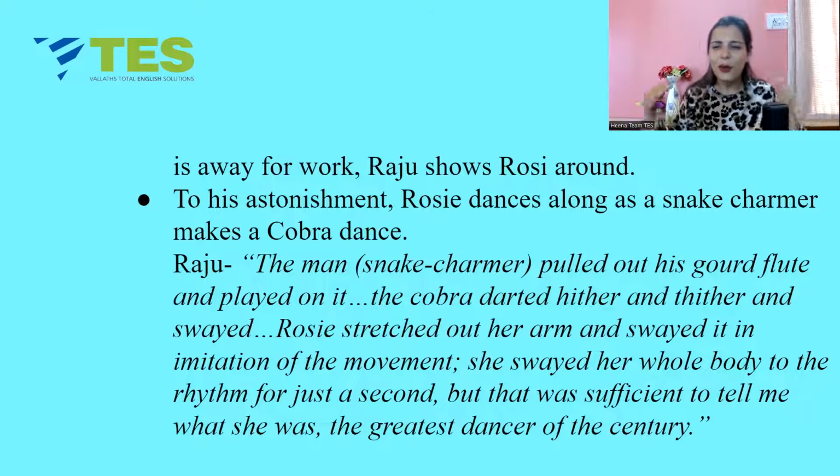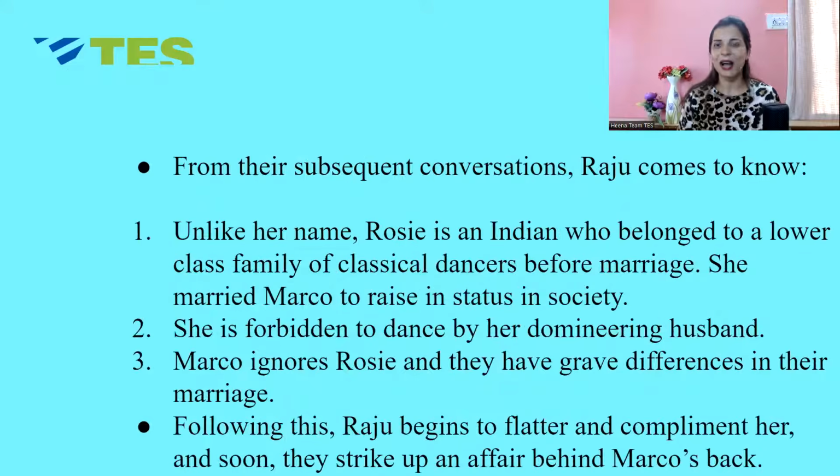She swayed her whole body to the rhythm for just a second, but that was sufficient to tell me that she was the greatest dancer of the century. So that is how Raju is literally taken away. He's head over heels when he meets Rosie. Aage dekhe kya hota hai.